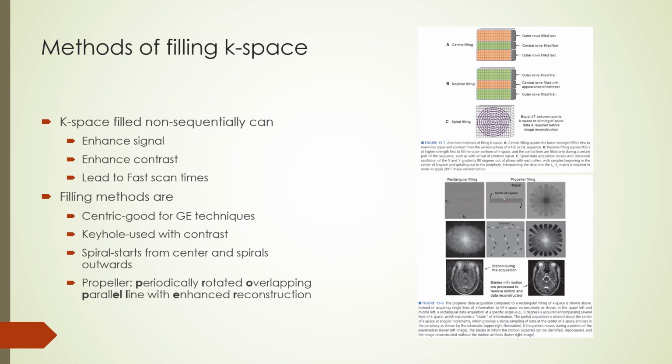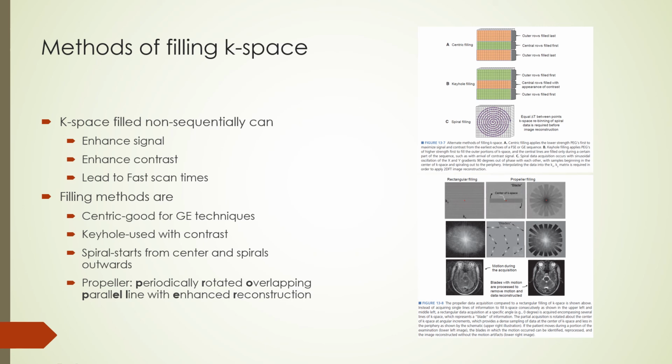The centric method fills the central rows first and the outer rows last. The keyhole method fills the outer rows first and the central rows only when the contrast appears. Spiral filling starts at the origin, which is the center of the K-space, and spirals outwards. This method requires an additional post-processing to regrid the data in a rectilinear matrix for the 2D Fourier transform processing.